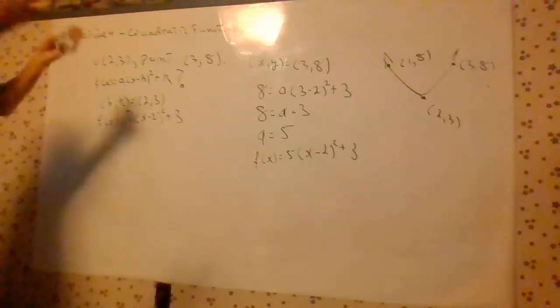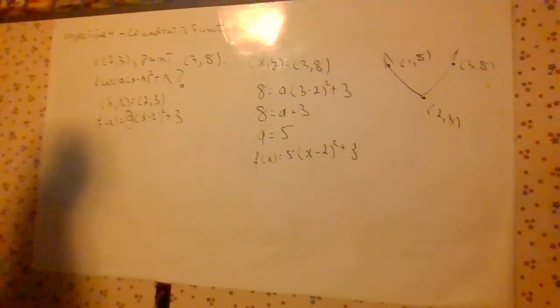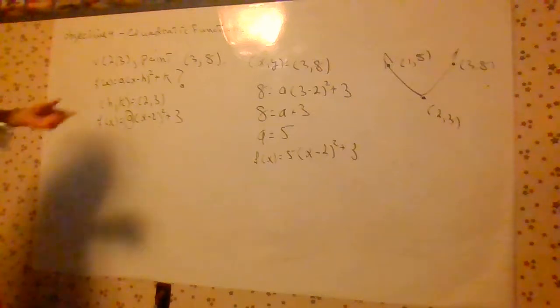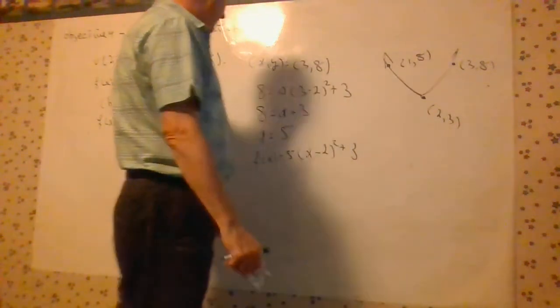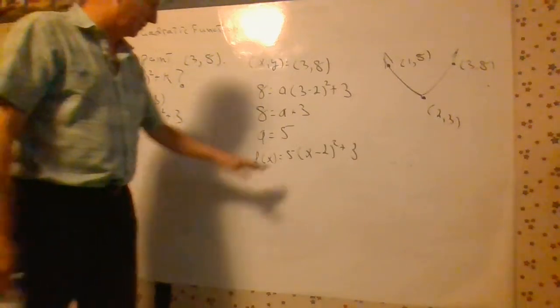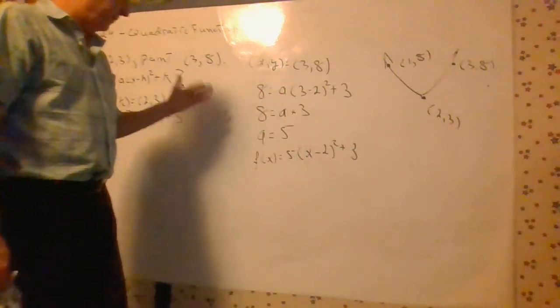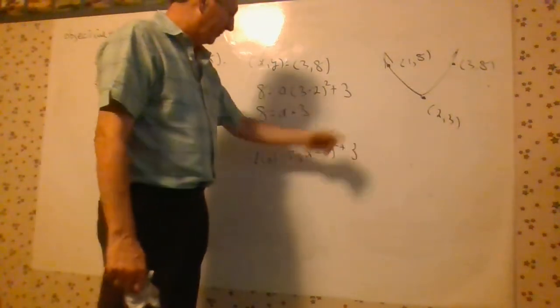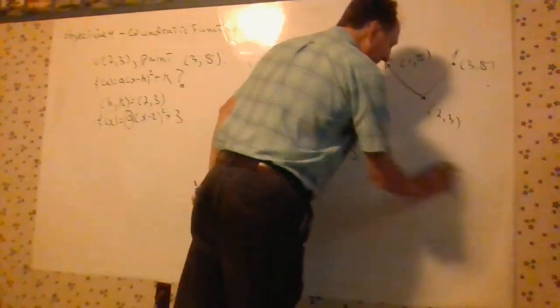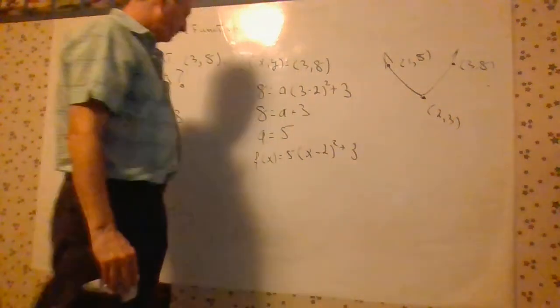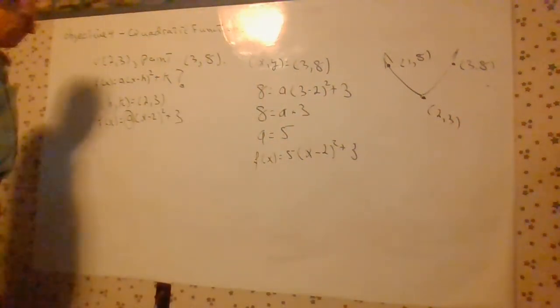So you can plug these 3 points in and solve for a, b, and c. A little more work. 3 equations, 3 unknowns. You could end up with a, b, and c. Of course, you wouldn't have it in this form. You'd have to apply the previous method to complete the square, et cetera. A good exercise. You could work your way all the way around these parabolas. So that's it for this video.